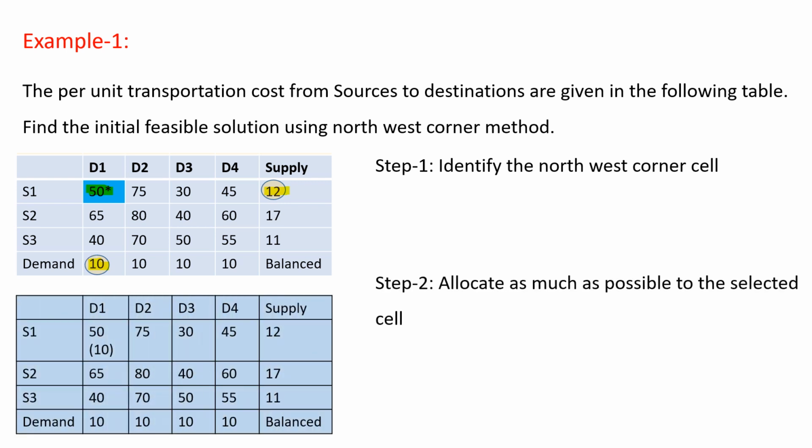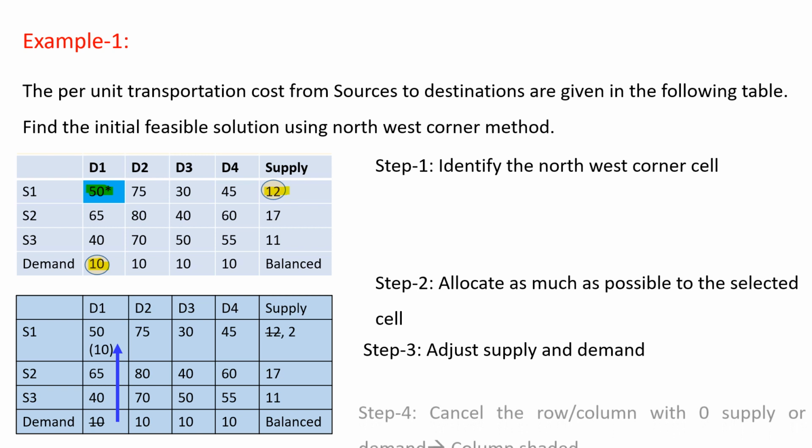After allocating 10, we have to adjust the supply and demand. Here we subtract 10 from 12, so the remaining is 2, which is still unassigned. Here we moved 10, so it is already assigned and we cancel it.